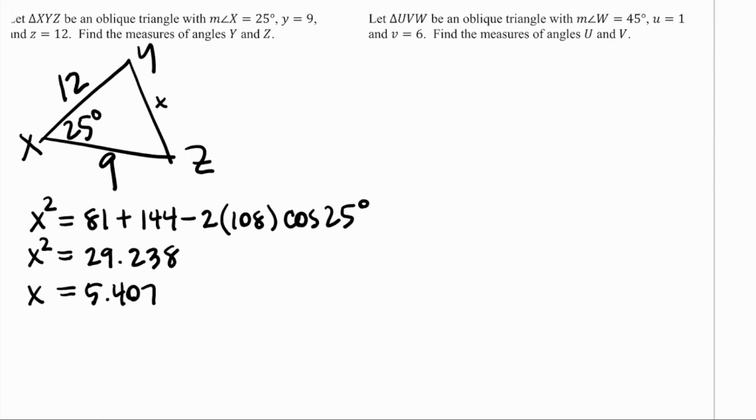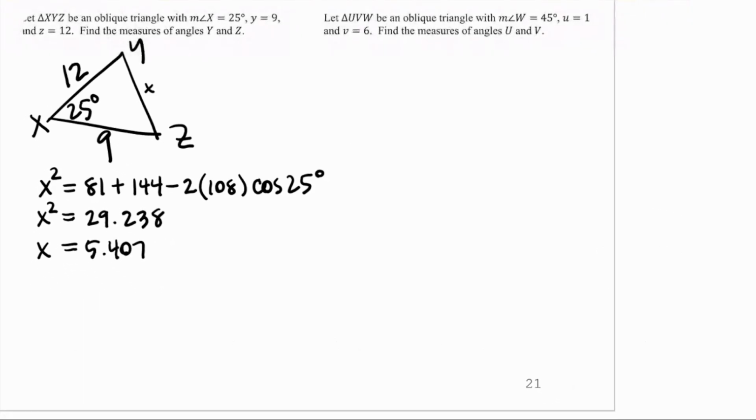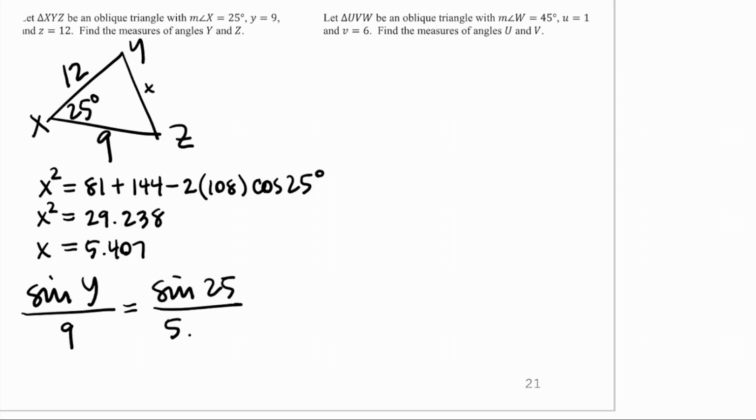Now that I've got side length x, I'm going to use the law of sines. I feel like I'm going to need a little more room here. So for the measure of angle y, I can say sine of y divided by 9 is going to equal sine of 25 divided by 5.407. I can solve this out the usual way.